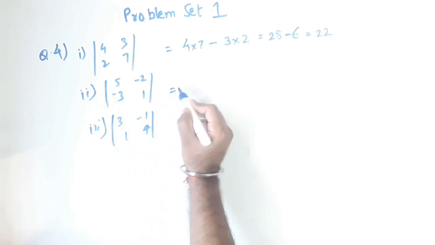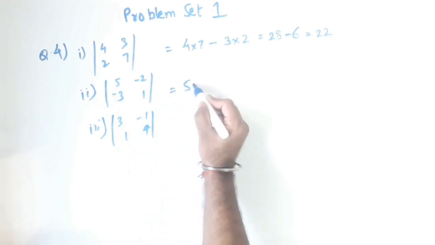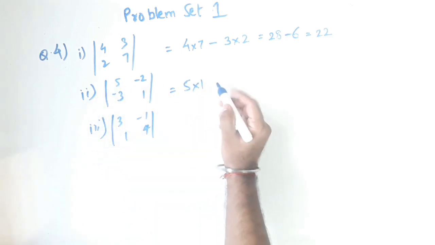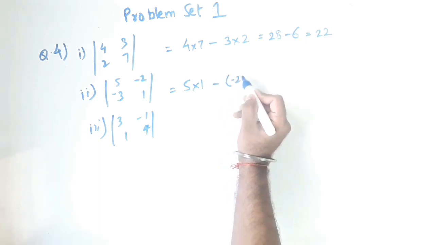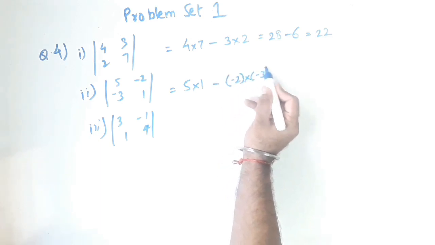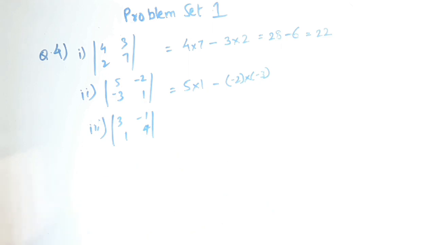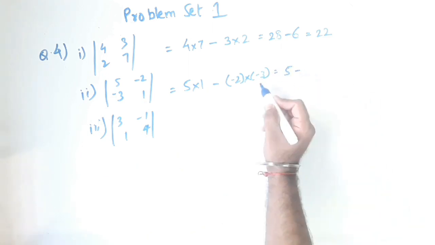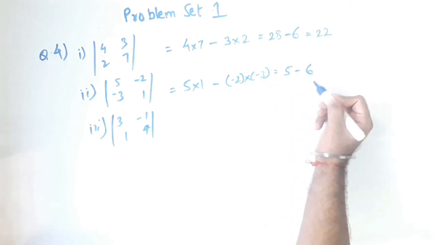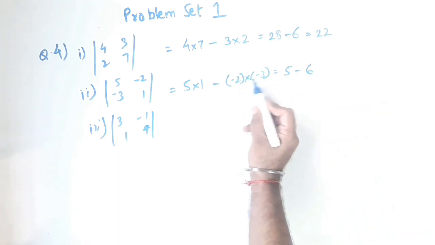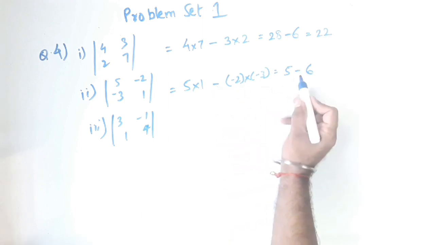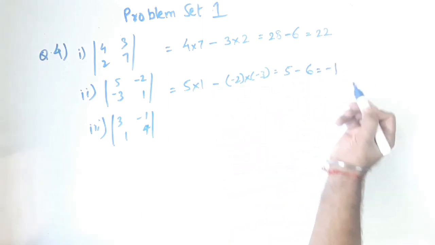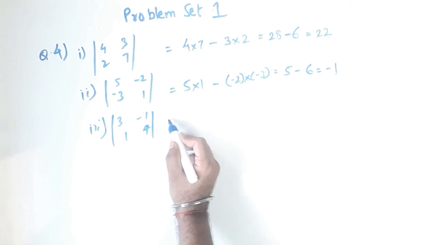Now here see, 5 ones is 5. I'll show 5 into 1 minus 2 into minus 3, b into c. Now this is 5 ones is 5, minus 3 twos is 6. This will become positive 6. This minus will remain as it is. So your answer is minus 1.